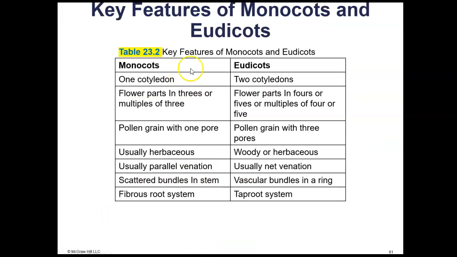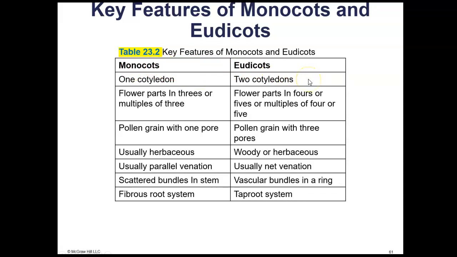This table is really helpful for distinguishing which plants are monocots and which are eudicots. So just knowing that a monocot has 1 cotyledon and a eudicot has 2 may not be that helpful, but if you think about your seeds, like corn is a seed, right? Corn is a single kernel, so it's a monocot.